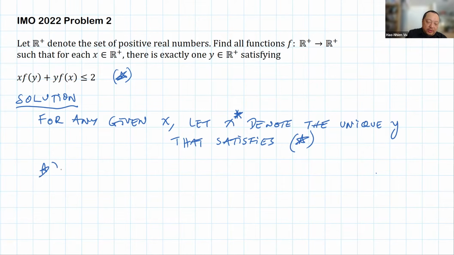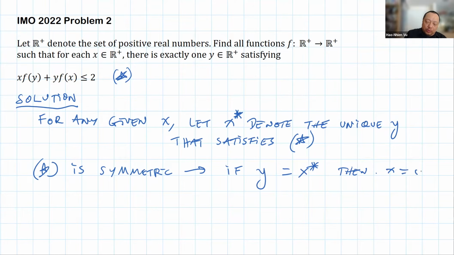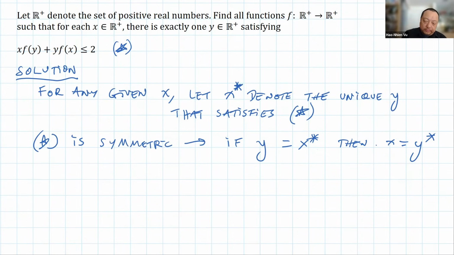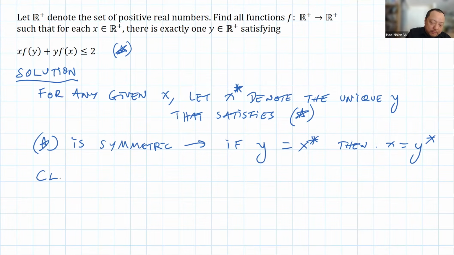Since star is symmetric, if y is equal to x star, then x is y star. So this relationship comes in unique pairs. The claim is that x star is equal to x.